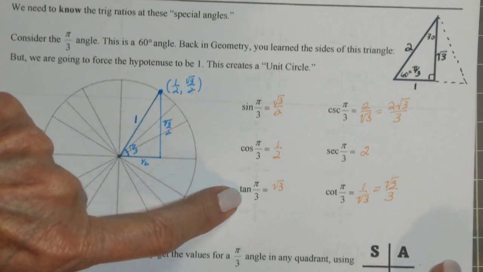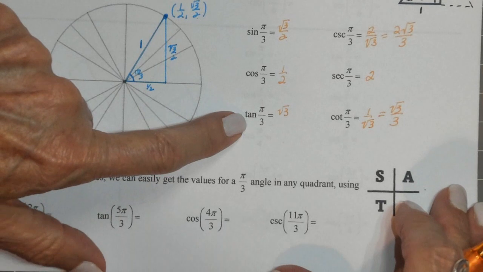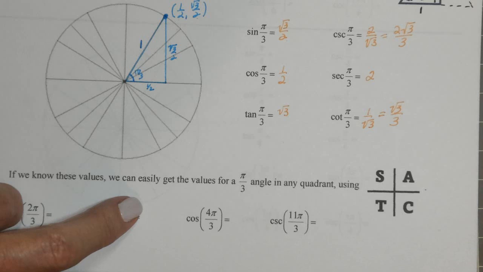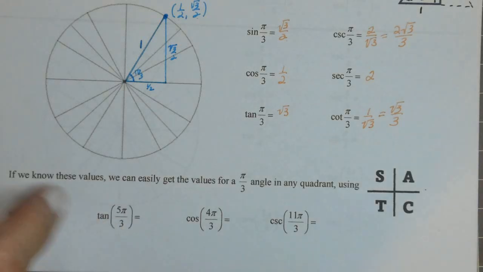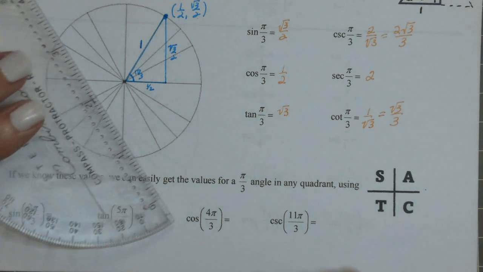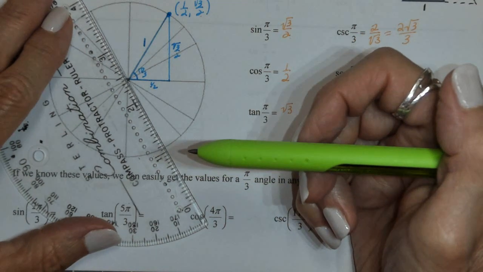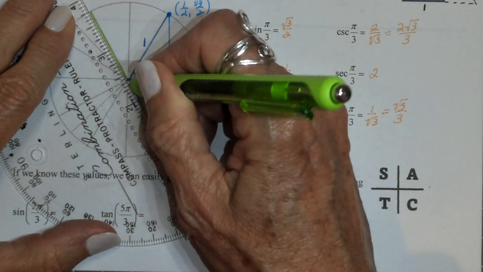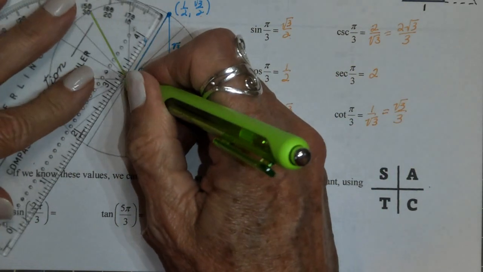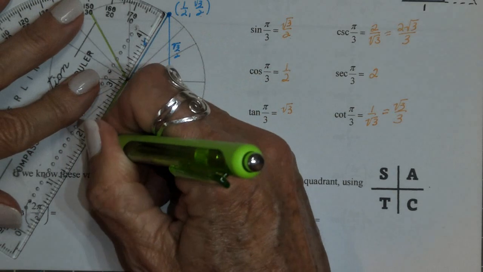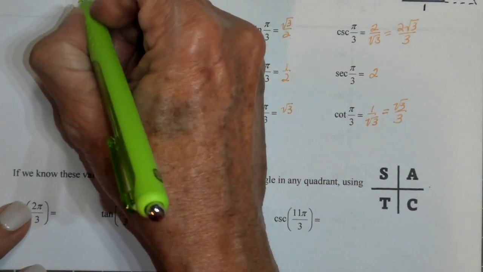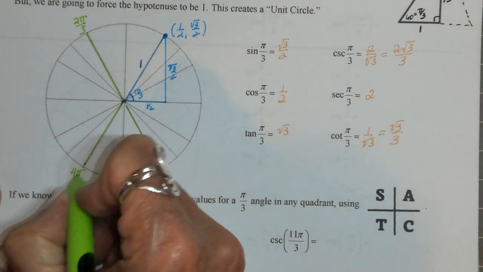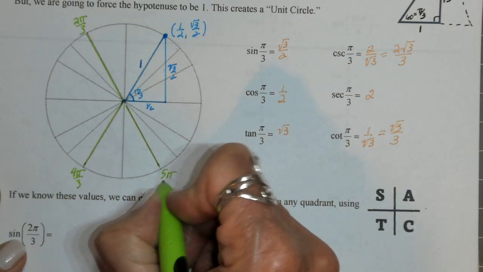If we know those, then we can easily get the values for the other pi over 3 angles, the other ones in the other quadrants. So the other pi over 3 angles are these here, right? So 2 pi over 3, and 4 pi over 3, and 5 pi over 3.